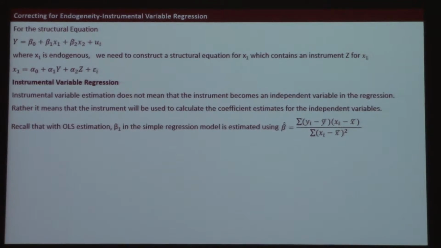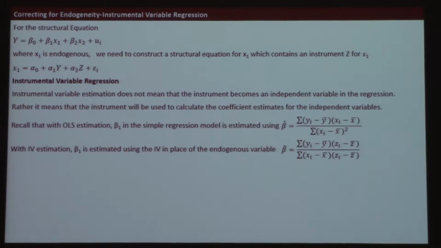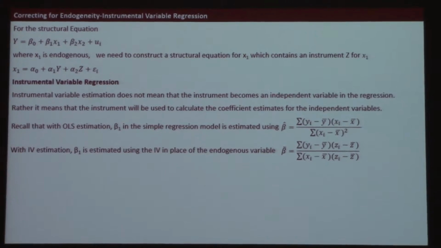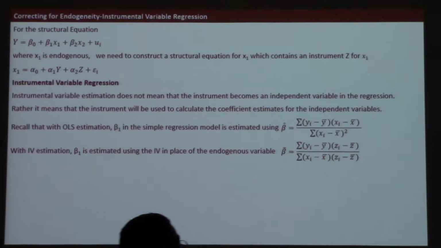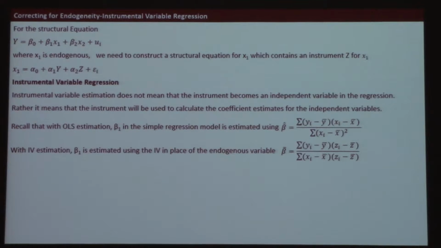Essentially what instrumental variable regression does is use the instrument in the mathematical equation here. We don't need to know how to do the math. Stata will do it for us. But it's almost like it's taking its place in the mathematics so that we can control for the fact that it's not strictly exogenous.